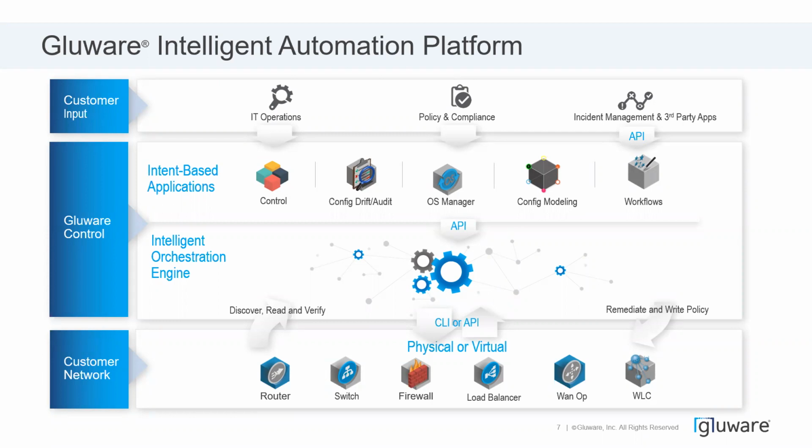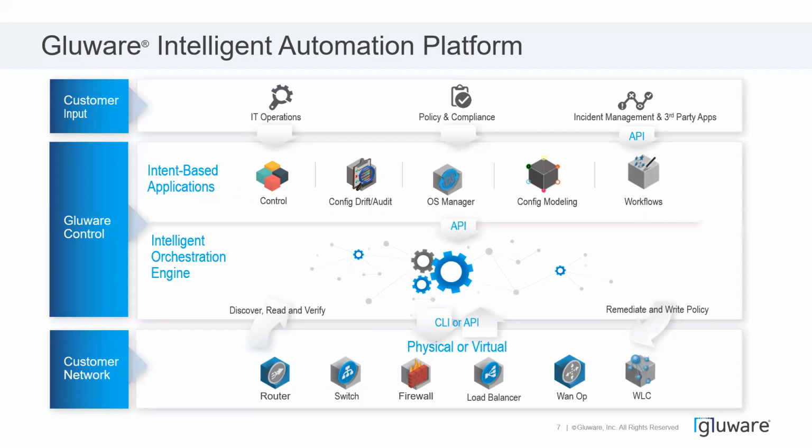Let's say I have a maintenance window or I'm reacting to an issue. Gluware can scale vertically in that sense by adding additional provisioning engines to distribute the workload and implement those changes. So that intelligent orchestration engine is really the heart of Gluware and our ability to read, write, and understand networking concepts. Layered on top are our so-called intent-based applications.